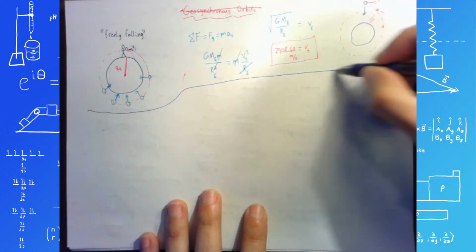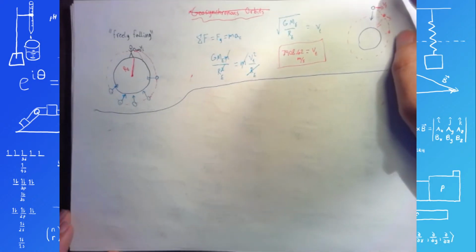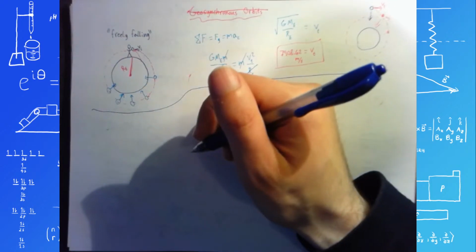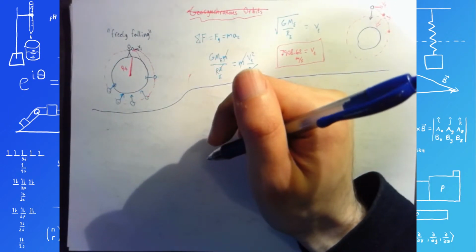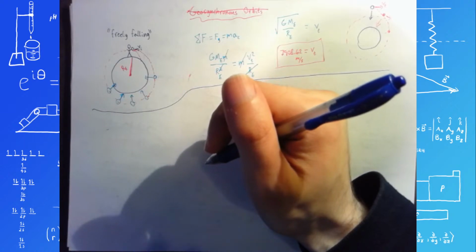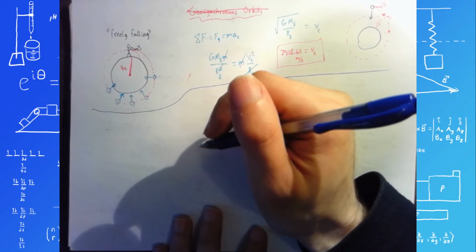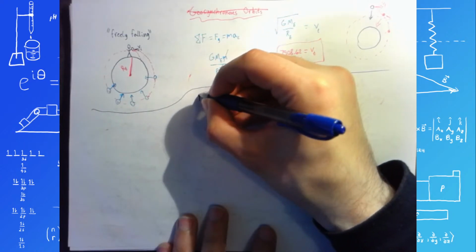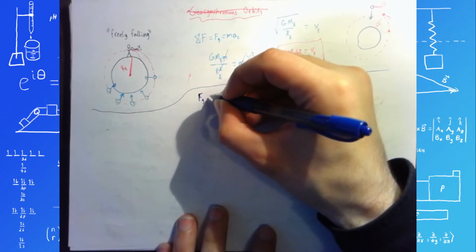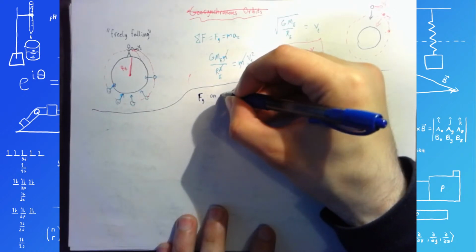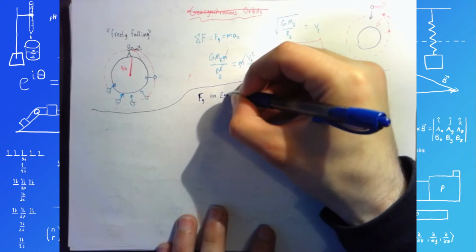But one type of question that tends to show up frequently on the multiple choice of the AP exam is they will ask about things like the force of gravity on the surface of a planet.